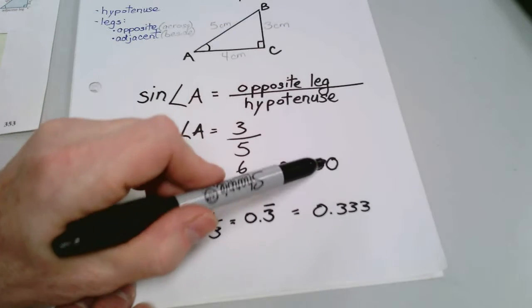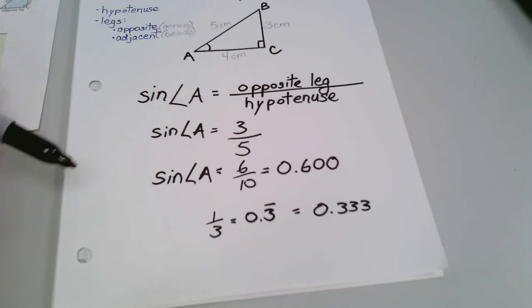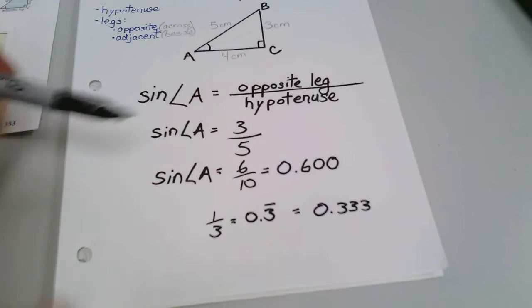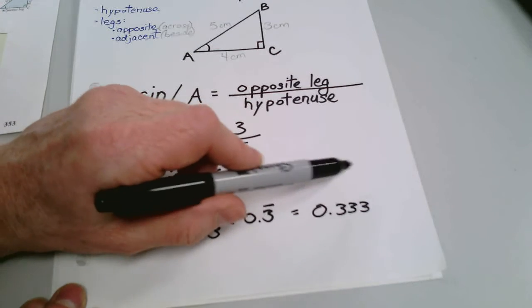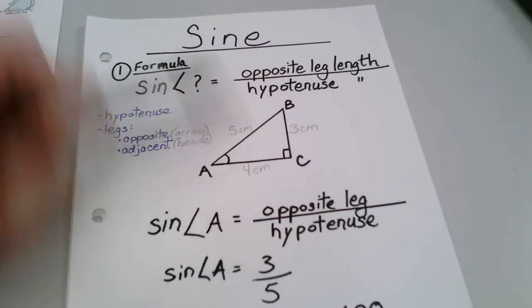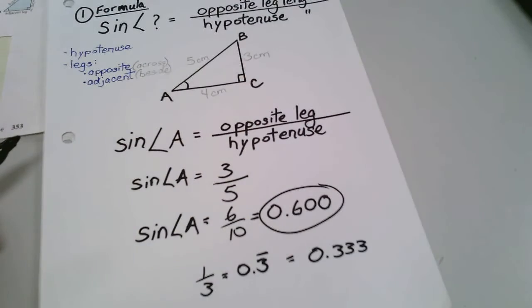Now, we do not put any units after it. In all the formulas we've been doing so far in geometry, whether it's area or perimeter or volume, we've always put some sort of units, either units or units squared or units cubed. When we do sine, we will not put any units. So this is your final answer for it.